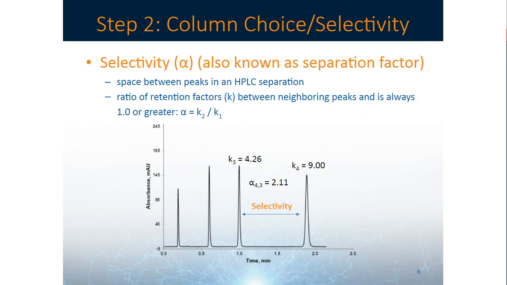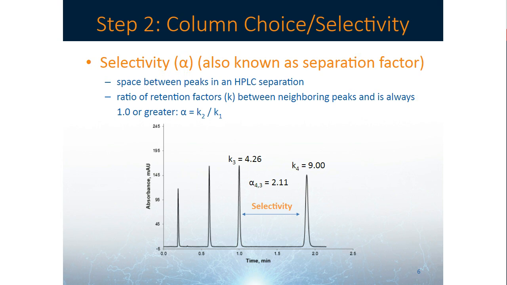So just to take a step back, I'd like to just refresh everyone on what is selectivity or alpha. This is also known as the separation factor. And it's defined as the space between peaks in an HPLC separation. It's the ratio of retention factors, or K, values between neighboring peaks and is always 1 or greater.